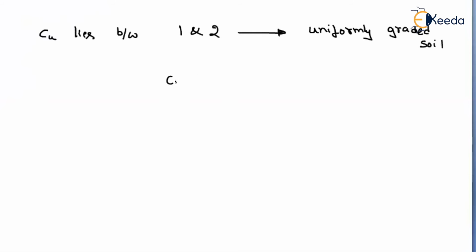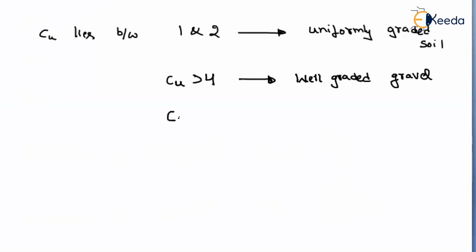Suppose if your Cu, coefficient of uniformity, is greater than 4, then we have to call the soil well graded gravel. So as of now, just remember that it will be called a well graded gravel. How we define gravel and what are the limits for that, we'll discuss in the next chapter.